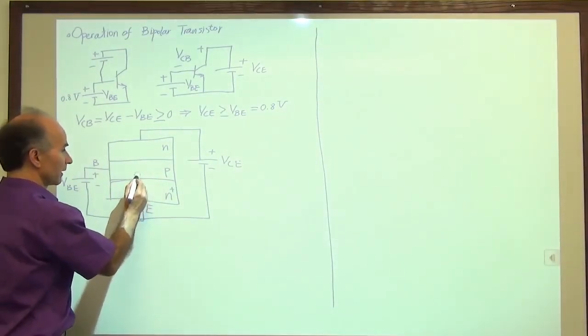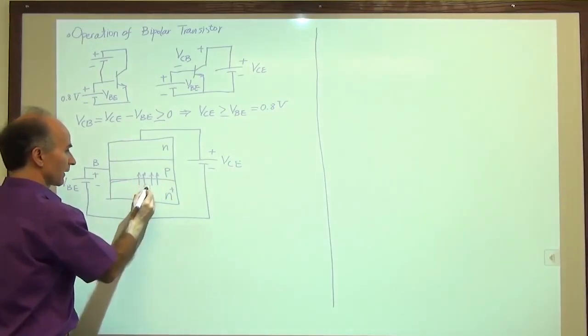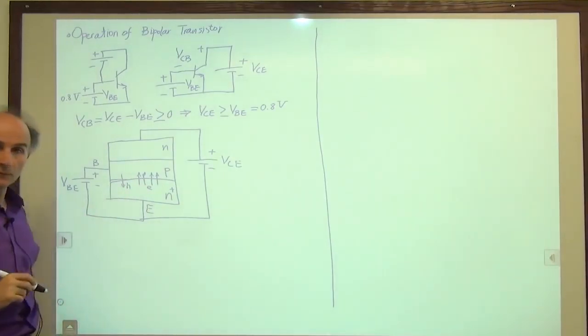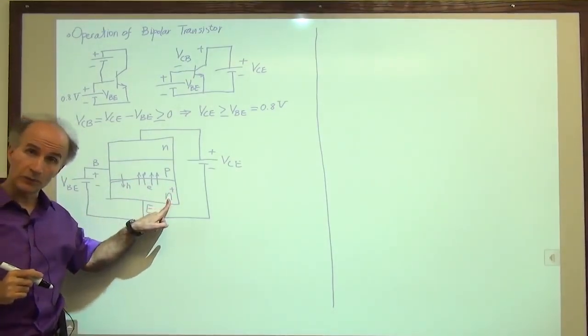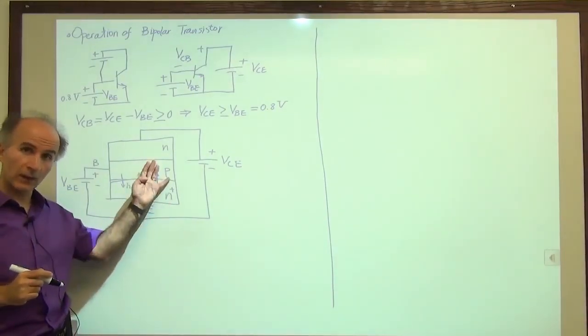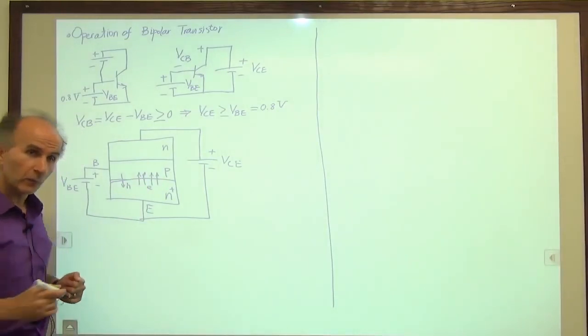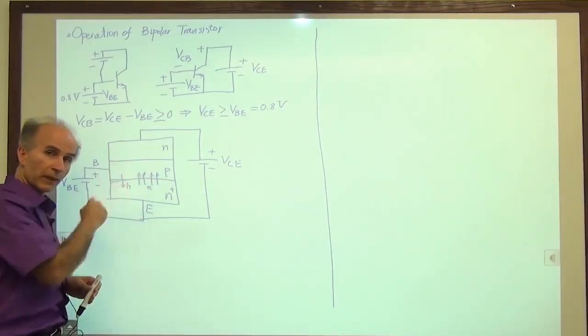I will draw that by lots of arrows going this way. These are electrons going that way. And then some holes going this way. This is deliberate, right? We pick this to be heavily doped. That's why we have lots of electrons going that way and just a few holes going this way. So again, as an example, we could have 100 electrons going this way for every hole that goes this way.